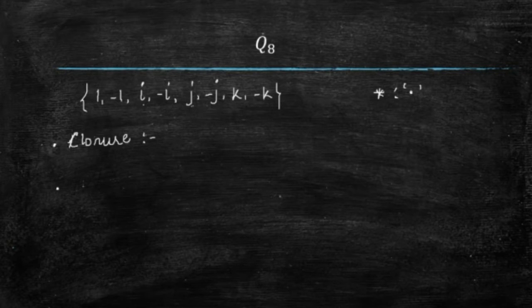So closure is there. Then you have associativity, which is the property of the binary operation and hence is satisfied because multiplication is associative. Next thing is I have to pick an identity element, right?